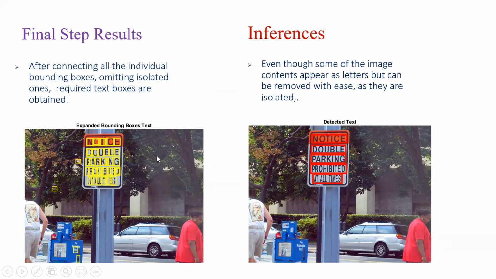So after putting a threshold on the overlap and omitting the isolated ones, these are isolated ones. If you remove those, we can finally get this image. This image consists of only meaningful words.